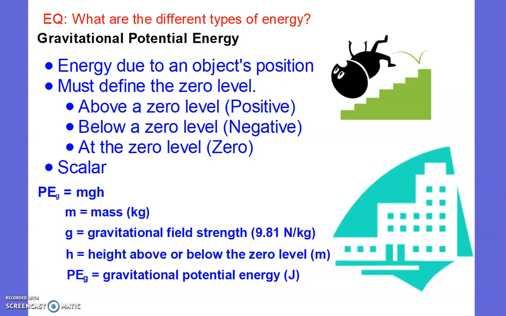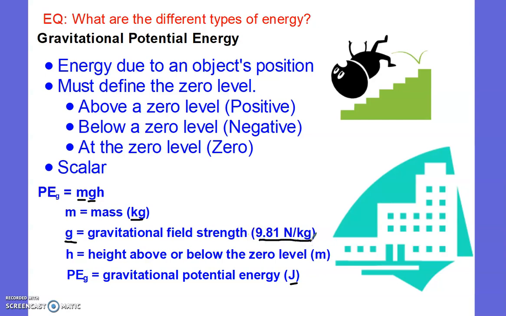Like all forms of energy, potential energy is a scalar, meaning it has no direction. Our formula for gravitational potential energy, we have PE sub G, which stands for the gravitational potential energy, measured in joules. It is equal to the mass of the object, measured in kilograms. The more mass we have, the more potential energy we have, the more stored energy we have. It also depends on the gravitational field strength, which is 9.81 newtons per kilogram.